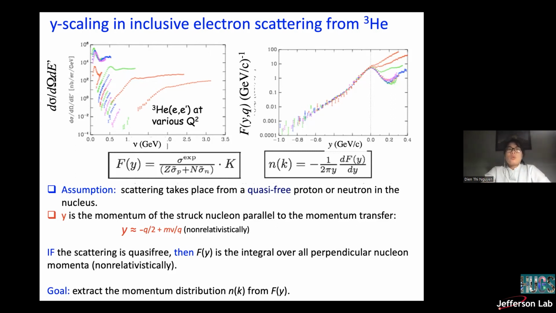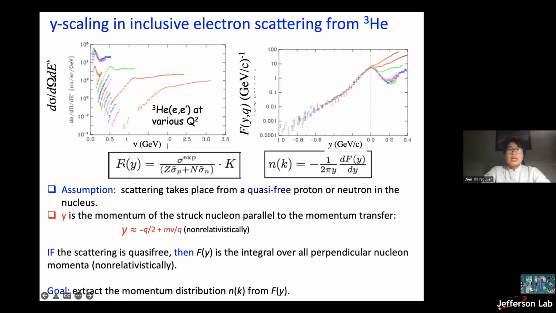In this Y scaling, I already mentioned that it is the minimum momentum, parallel to the momentum transfer, and it can be calculated based on the formula here. Now, what is F of y? F of y here is the scaling function.